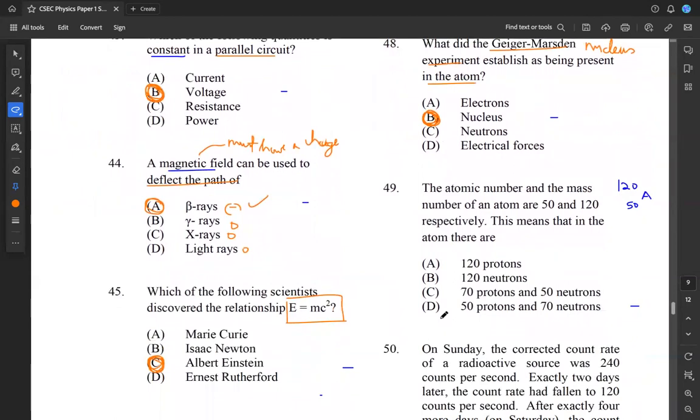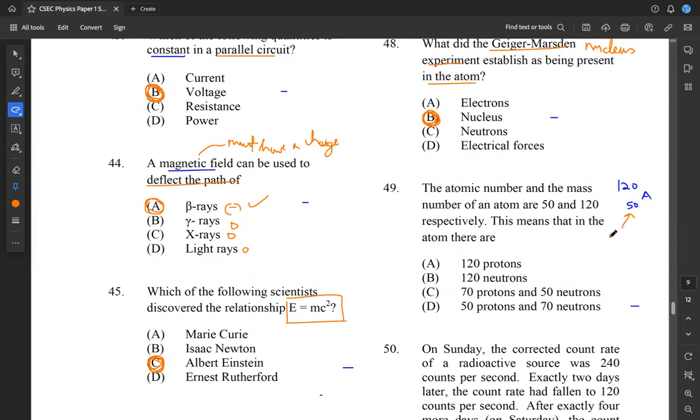For 49, the atomic number and the mass number of an atom are 50 and 120 respectively. The atomic number is the smaller one that we write down here, and the mass number is the larger one that we write up here. This is just for an arbitrary atom A. So what does this mean? When we say that the mass number is 120 and the atomic number is 50, we mean that this is the number of protons.